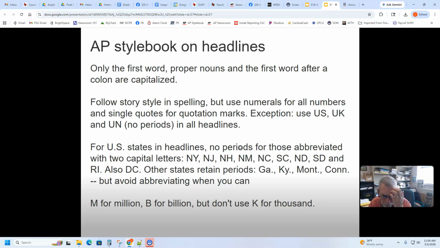But you do use periods on state abbreviations that are created differently, like Ga. for Georgia, Ky. for Kentucky. There's not two capitalized letters. But on the other hand, in stories, we're not supposed to be writing abbreviated states anyway. And AP would prefer if you don't do that in headlines either. When it works, you should be writing the state out. You can use M for million, like 5M means 5 million, B for billion, but don't use K for thousand, AP says.